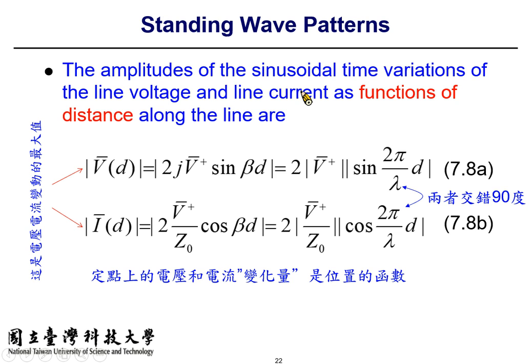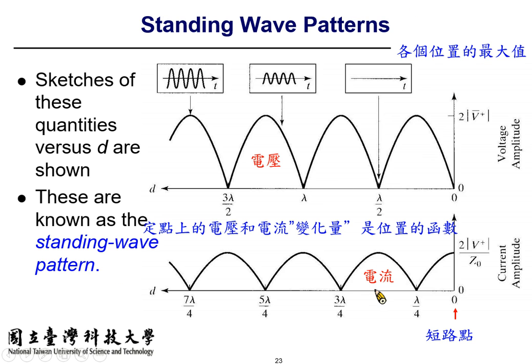Because if you look at the voltage pattern and the current pattern, you will find that as the time progresses, for example, at this very time instant, it's voltage 0 and maximum current. Then what happens next? As the time evolves, the current becomes smaller and smaller, and the voltage becomes larger and larger.